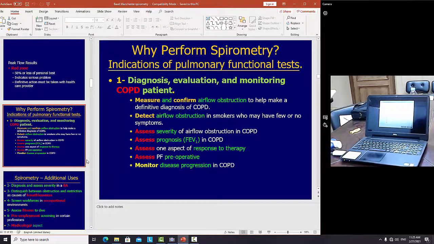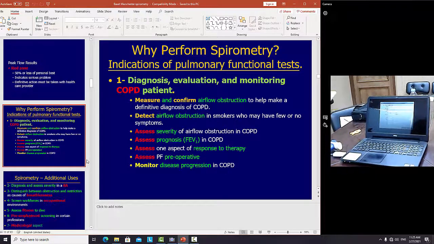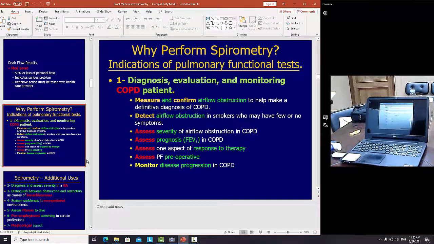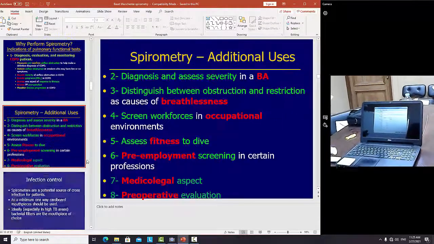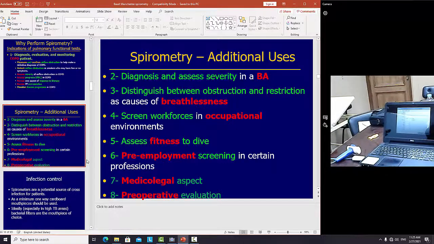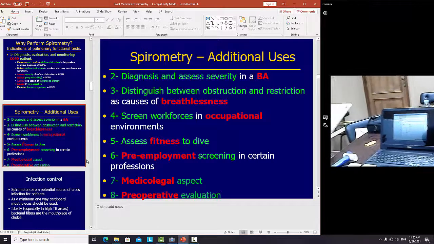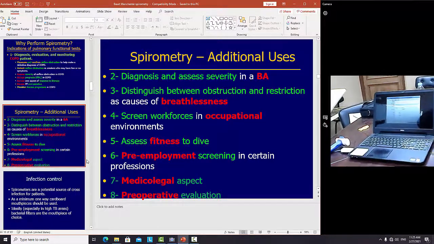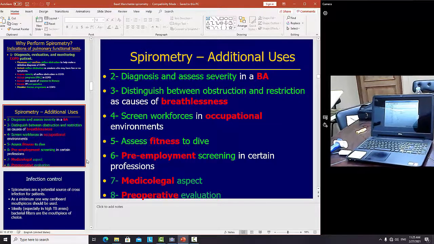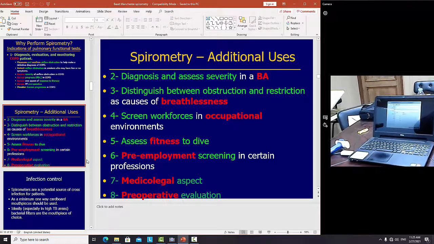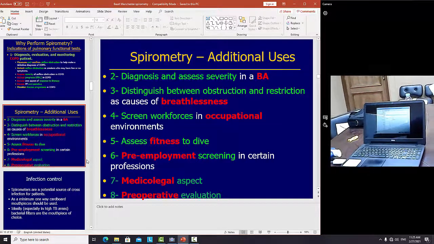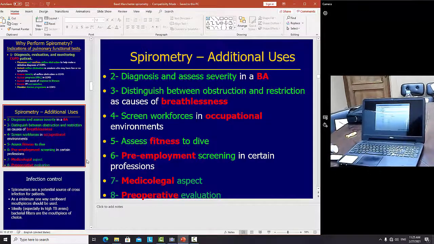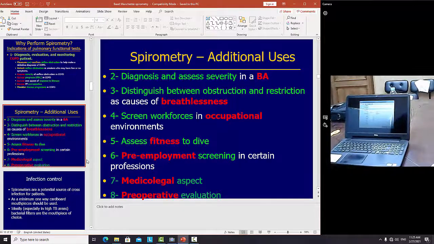Why do we perform spirometry? We perform it for diagnosis, for follow-up or evaluation, and for monitoring COPD patients, asthmatic patients, and any patient with breathlessness. We can screen using the spirometer, and we can add diffusion, body box, and airway resistance, different maneuvers to reach the final diagnosis.